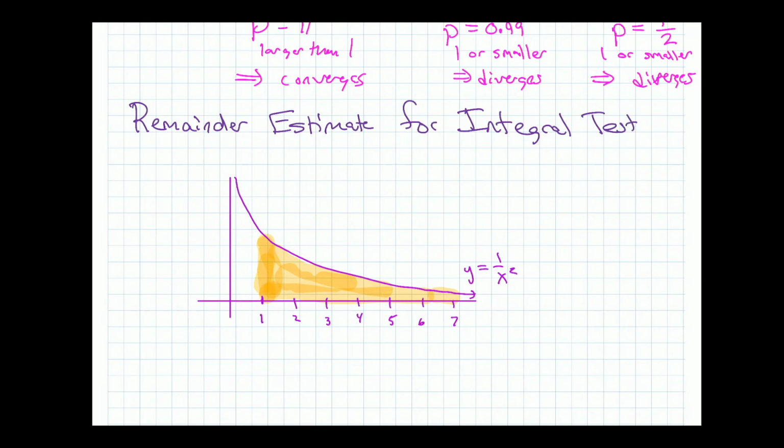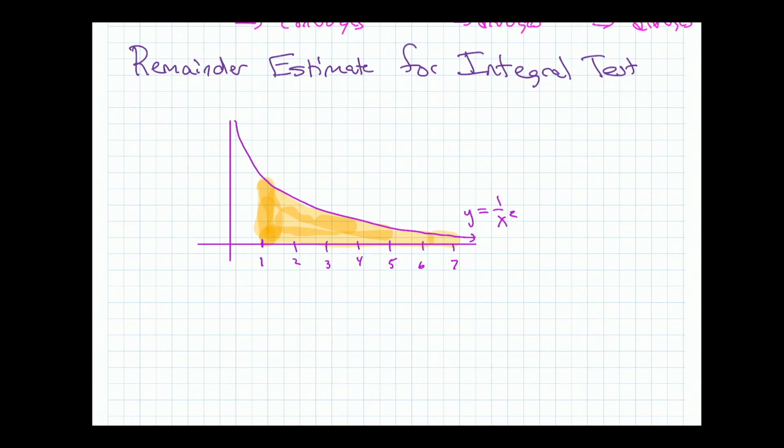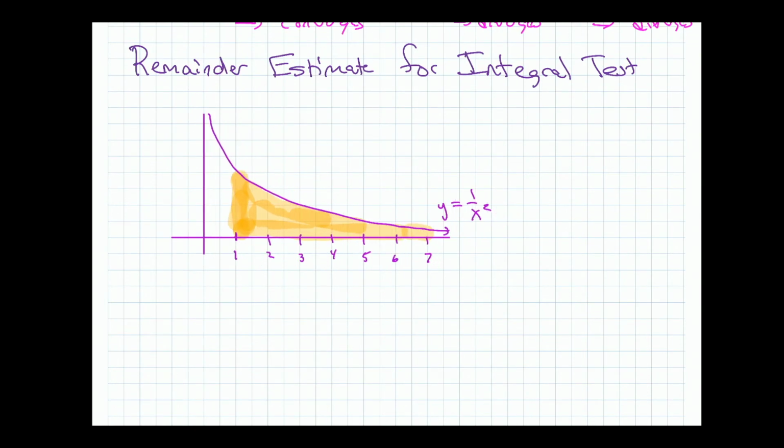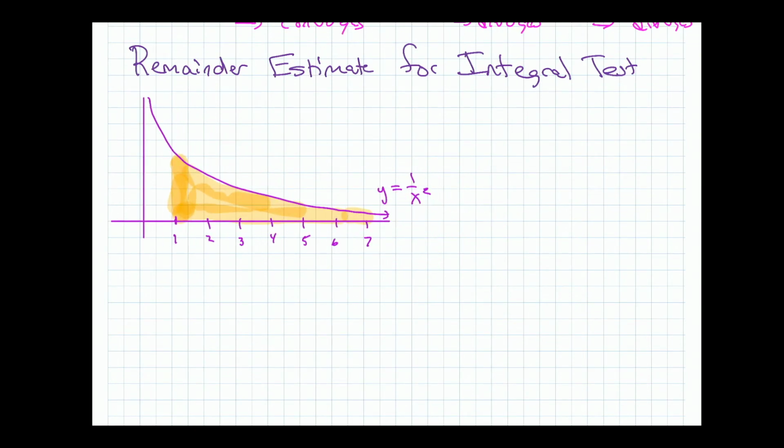Okay, so the question that we have is this. Why are we even doing this? What's a remainder? So the idea is this. Suppose you want the value of some series.